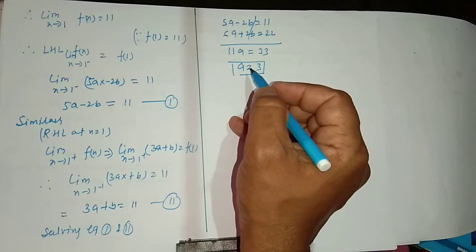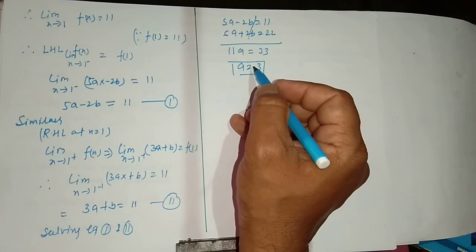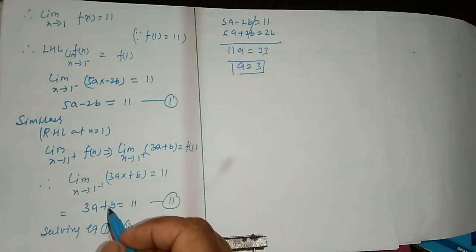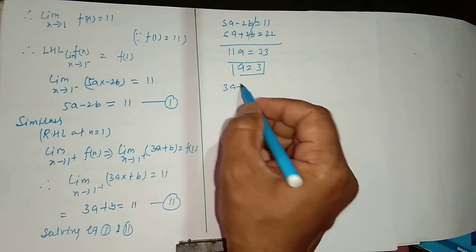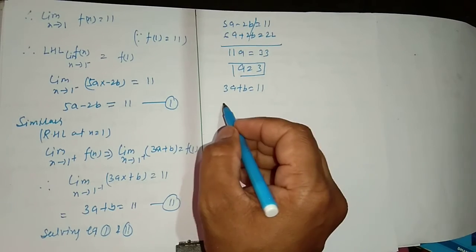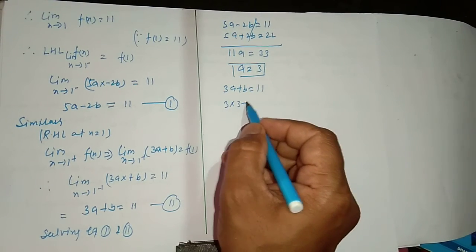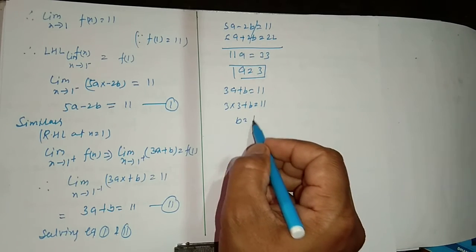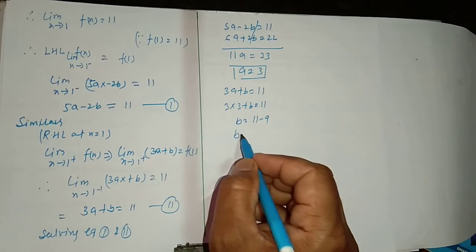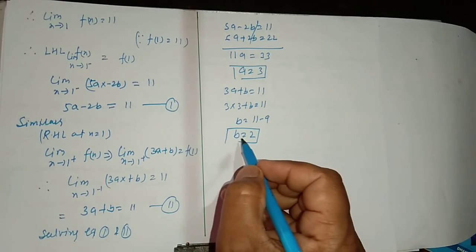Now if you put the value of a in any equation, 3a plus b is equal to 11, which we have been given. So 3 into 3 plus b is equal to 11, and b is equal to 11 minus 9. So b is equal to what? 2. Clear?